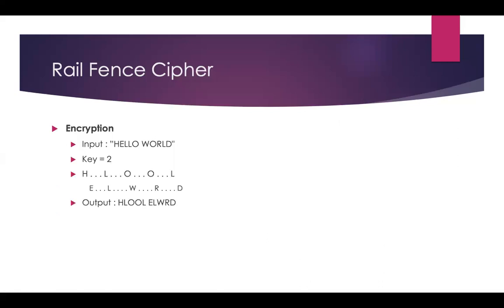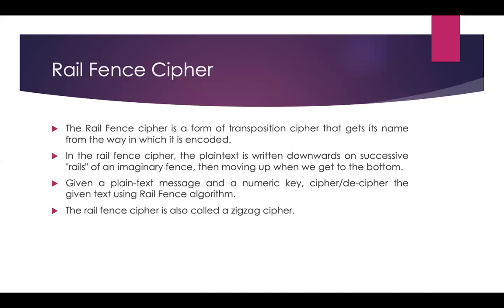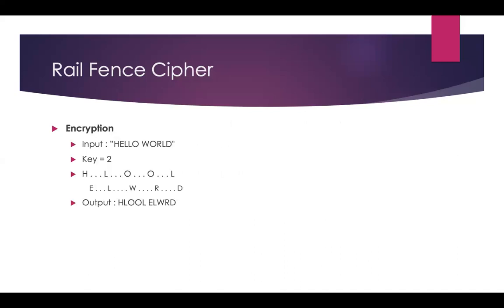Here an input is given. The input is hello world, and the key given here is 2. As you can see in the previous slide, there will be a given plain text message and a numeric key. Here the numeric key is 2. That means we will have two rows, or two rails, imagining ourselves as a rail fence.